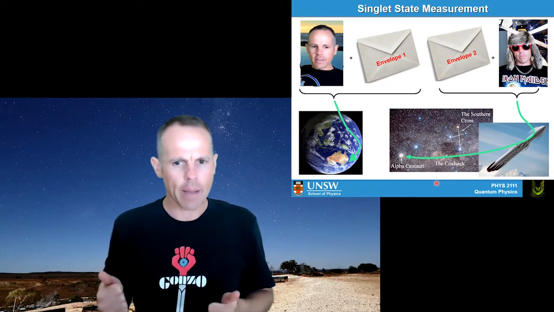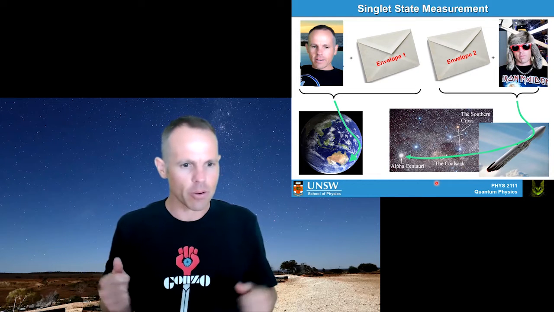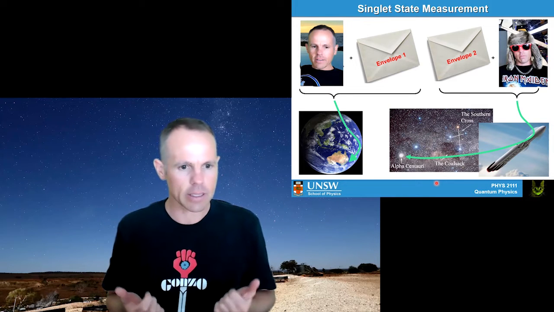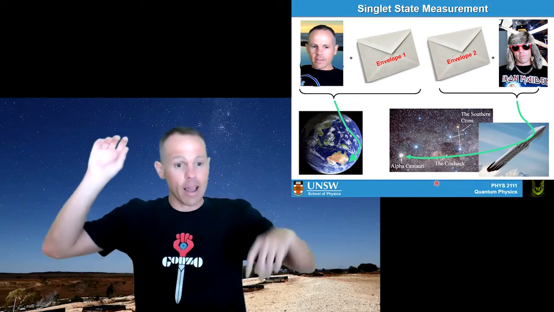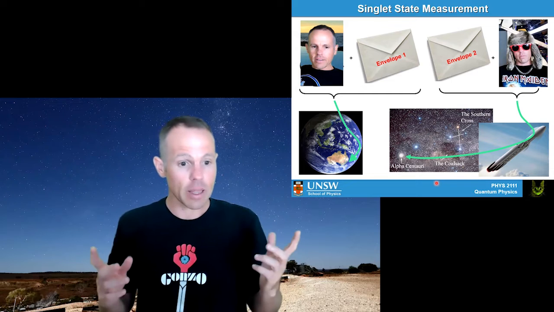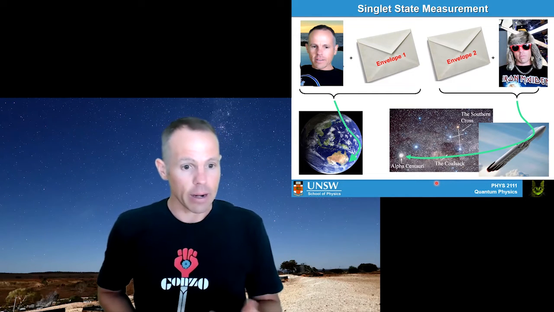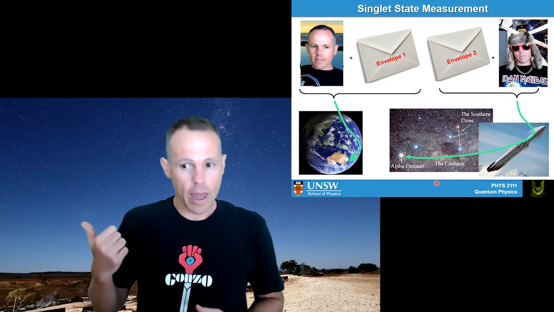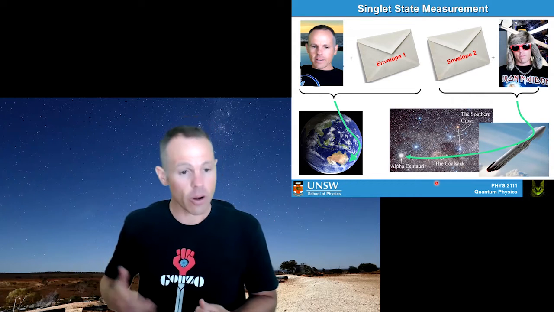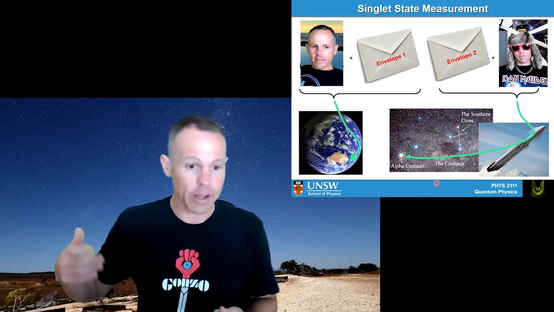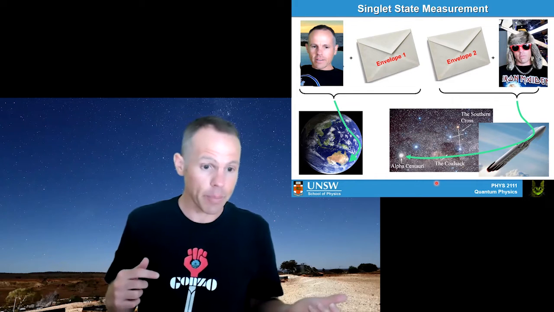Let's think about what happens if we just did that experiment, but not with our quantum entangled state, but just with the classically correlated state we had yesterday. So just the penny and the Dogecoin. Put them in 2 envelopes, send them up. I would open my envelope and find that I've got a penny in it. And that means I immediately know that Jono has a Dogecoin. Jono knows nothing until either I send him the signal or he opens his envelope and finds out that he's got a Dogecoin, in which case he knows I've got a penny.